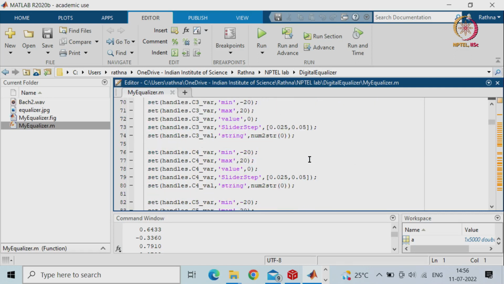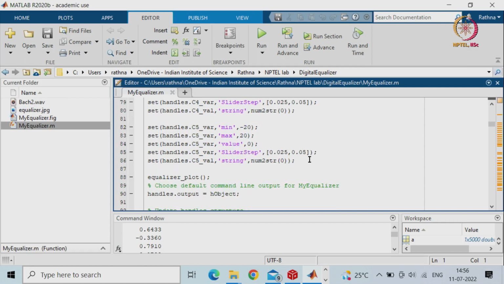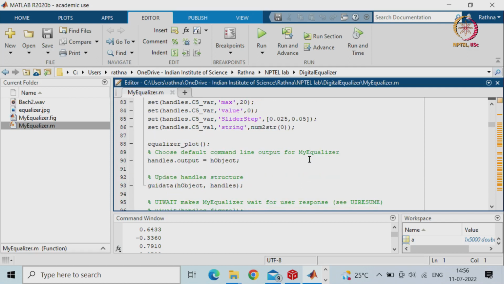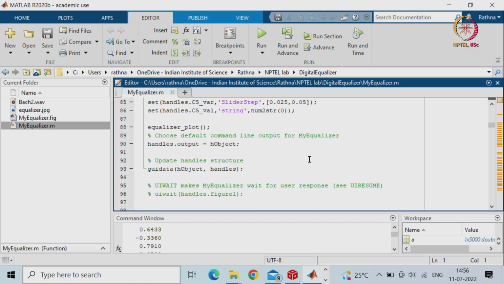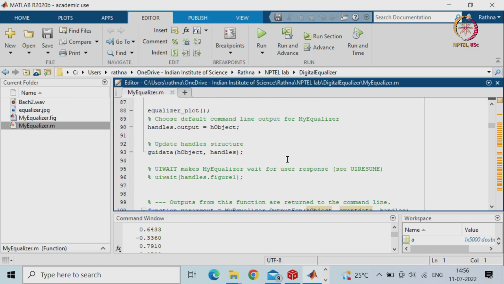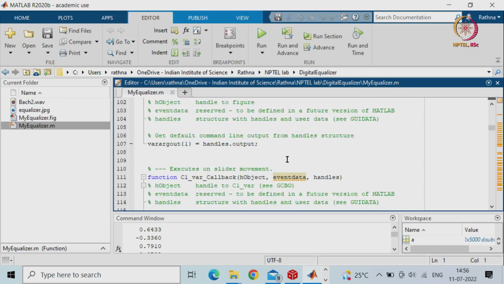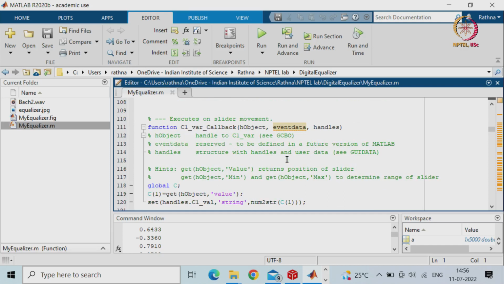If it gives an error, one has to modify it to audioread, and myplay has to be changed based on what 2020b supports, so you will use audioplay instead of myplay. These are the modifications one has to do. So, we will run this file.